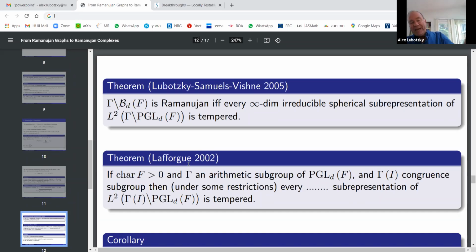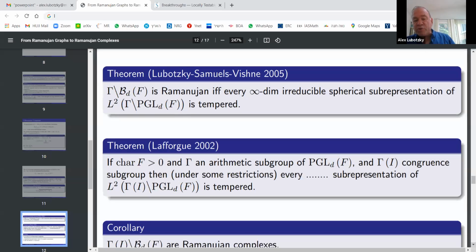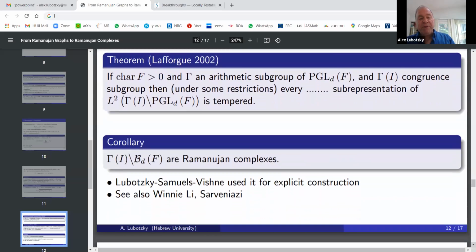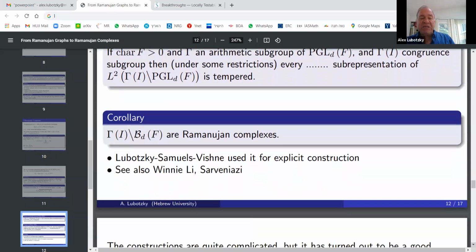So basically, a corollary of the work of Laforgue was that in positive characteristic, if gamma is an arithmetic subgroup of PGL D(F) and gamma I is a congruence subgroup, then under some restriction, every spherical sub-representation of L2 of G mod gamma I is tempered, which means that now the theorem of Laforgue enables us to get Ramanujan complexes, and we got explicit construction of them, et cetera.